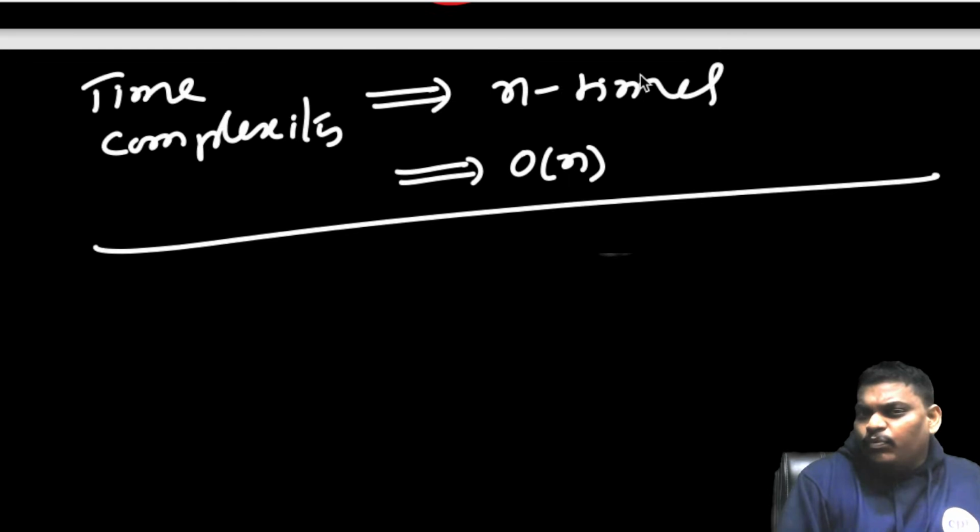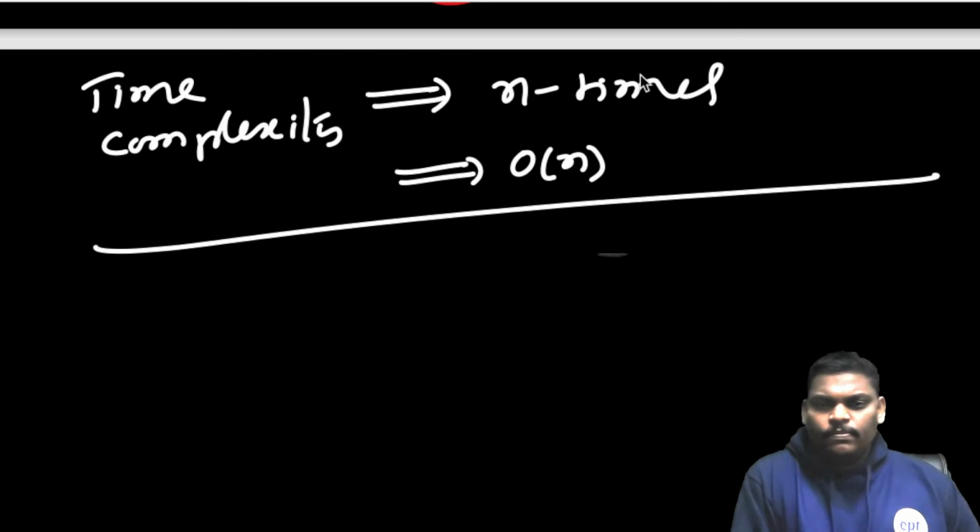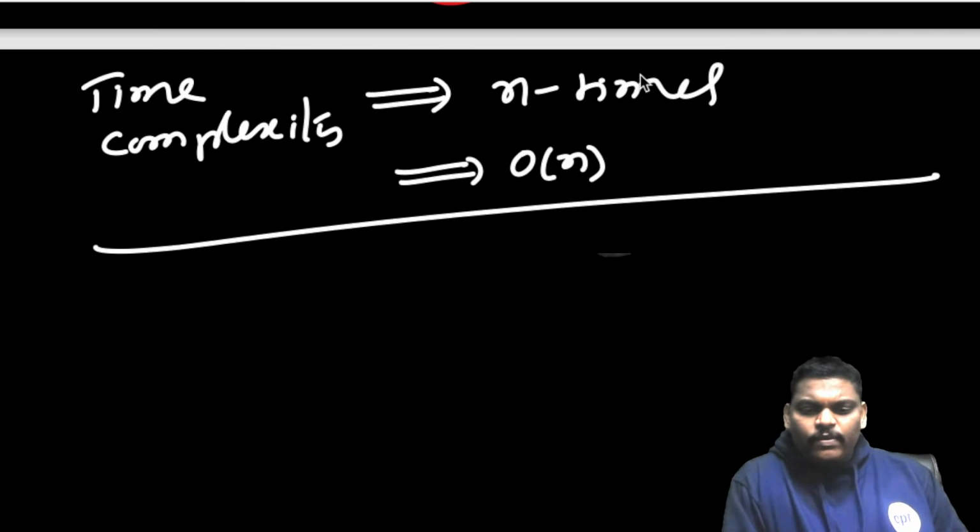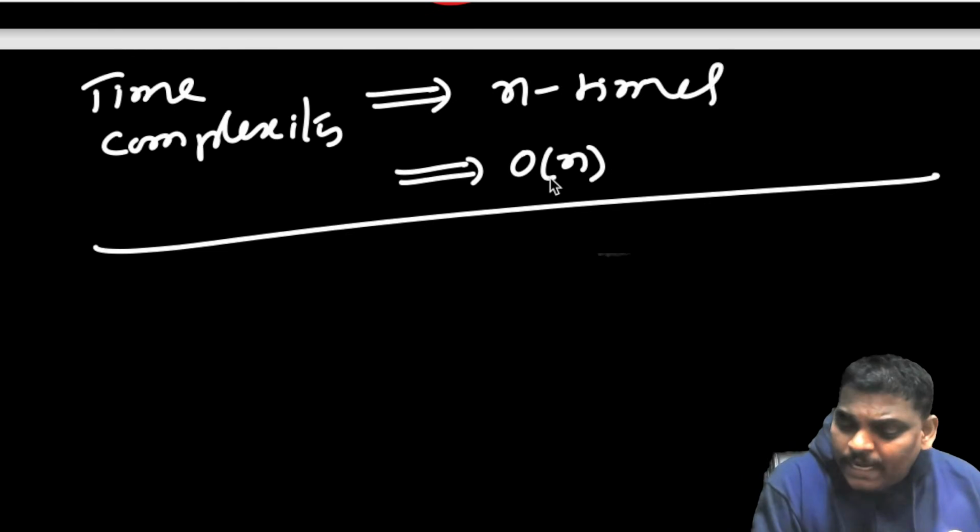If you have written the program for logic x, you cannot find the time complexity of logic y. The time complexity of the program you have written is order of n. Are you okay with this?